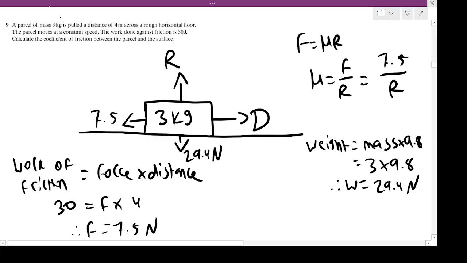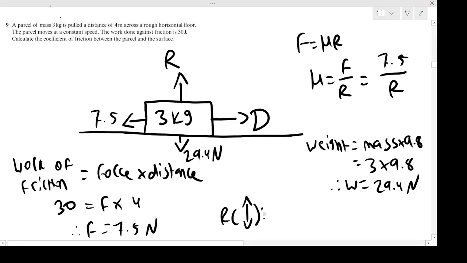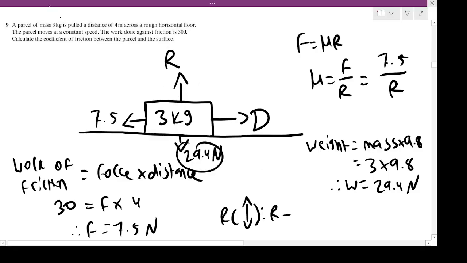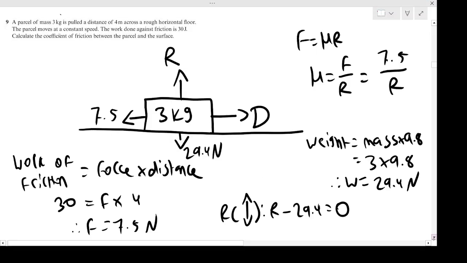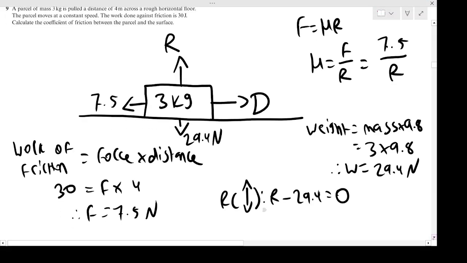Now what we can do is look vertically to find the reaction force. I'm going to resolve up and down. My up force is R, take away the opposite down force of 29.4, and that's going to equal ma, the overall force equals mass times acceleration. But there's no vertical acceleration, because it's moving forward, so it equals 0. Therefore R, the reaction force, is 29.4.